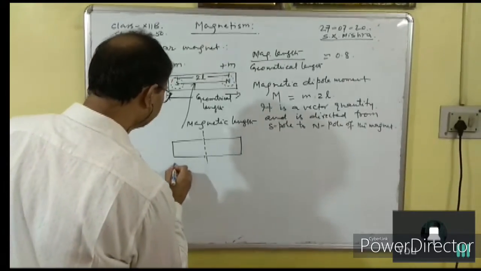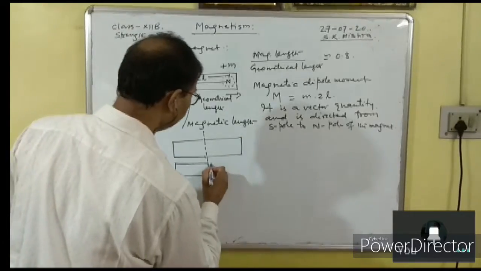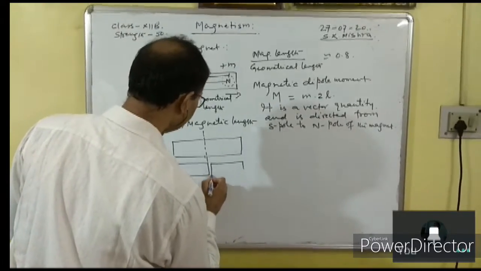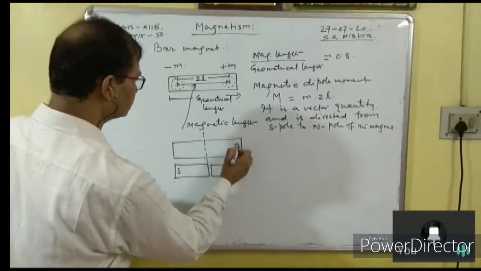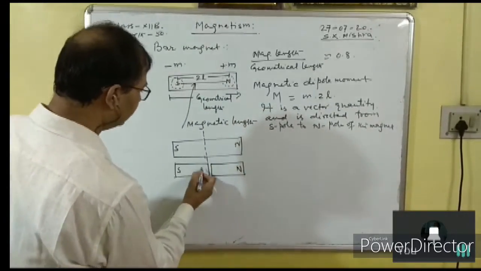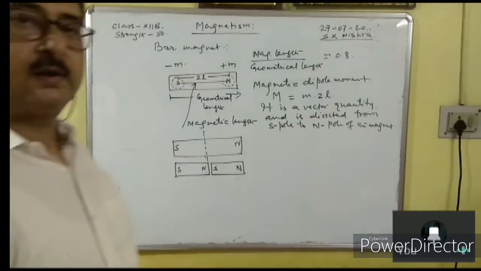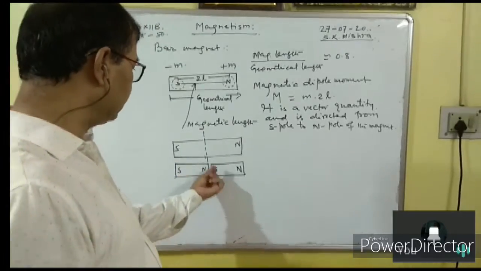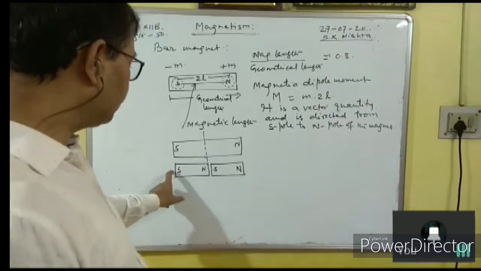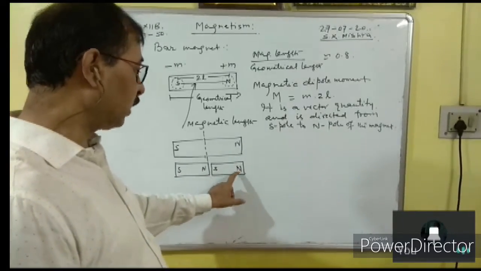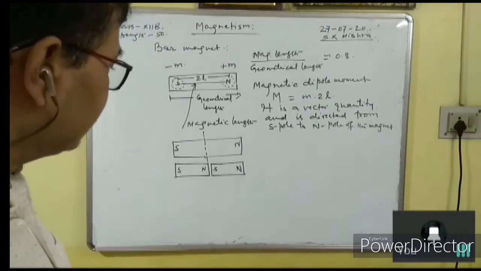Now once you know the magnetic dipole moment, which is a vector quantity, if you divide the magnet into two equal parts, we are going to divide the bar magnet into two parts like this, cutting it perpendicular to its length, so that it is divided into two equal parts.